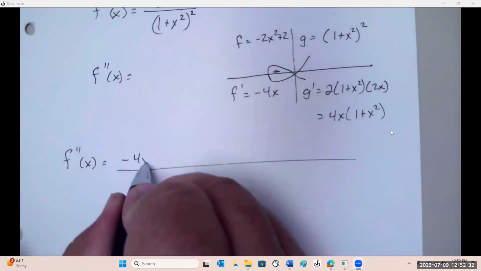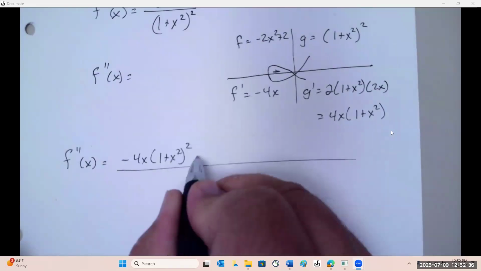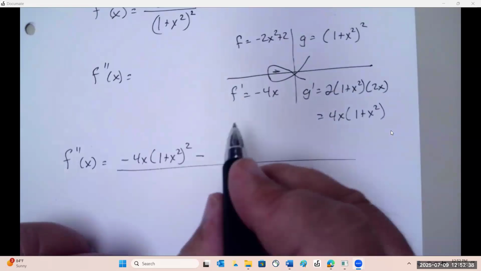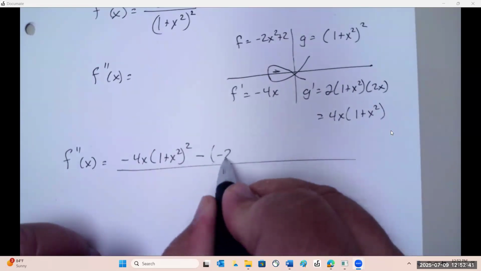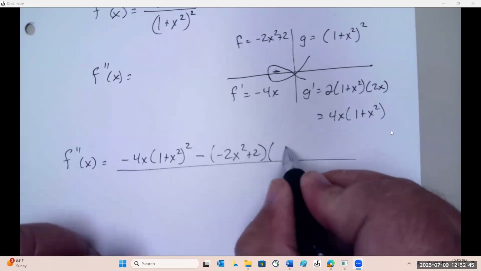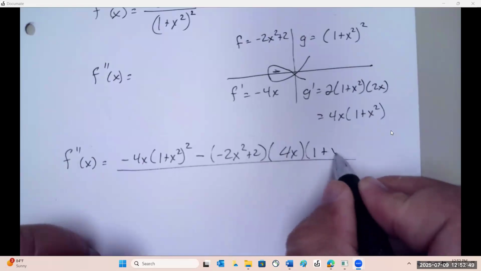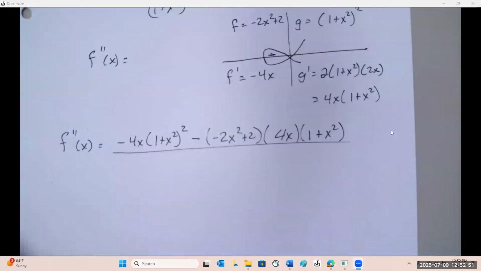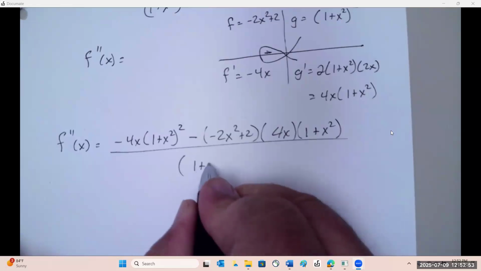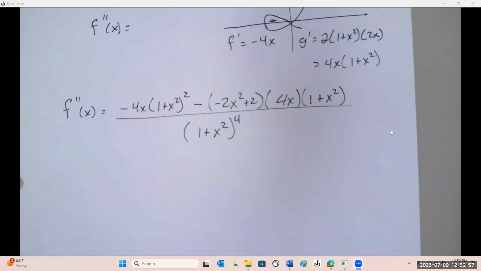So negative 4x times (1 plus x squared) squared, minus (negative 2x squared plus 2) times 4x times (1 plus x squared), all over (1 plus x squared) to the fourth, because it's squared squared.